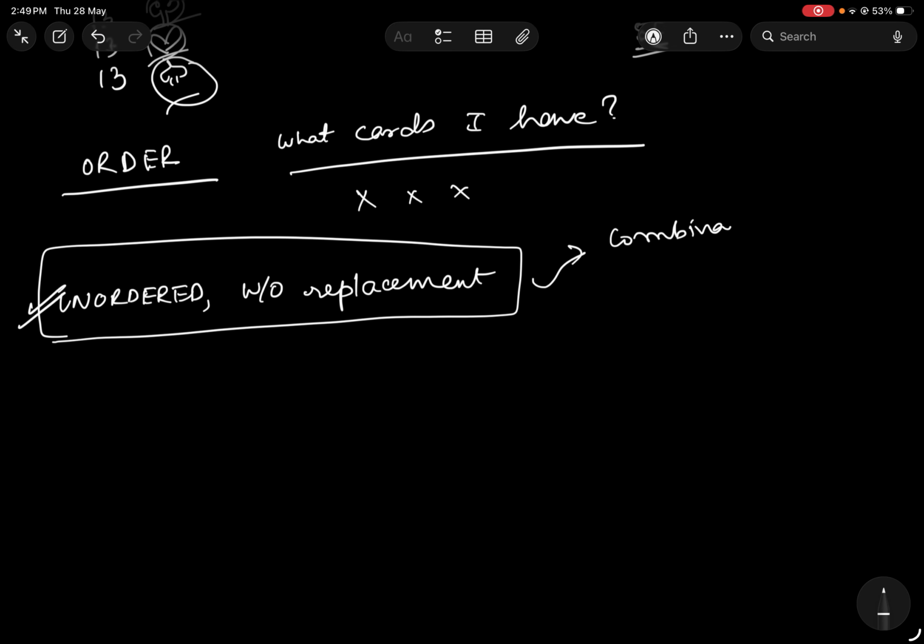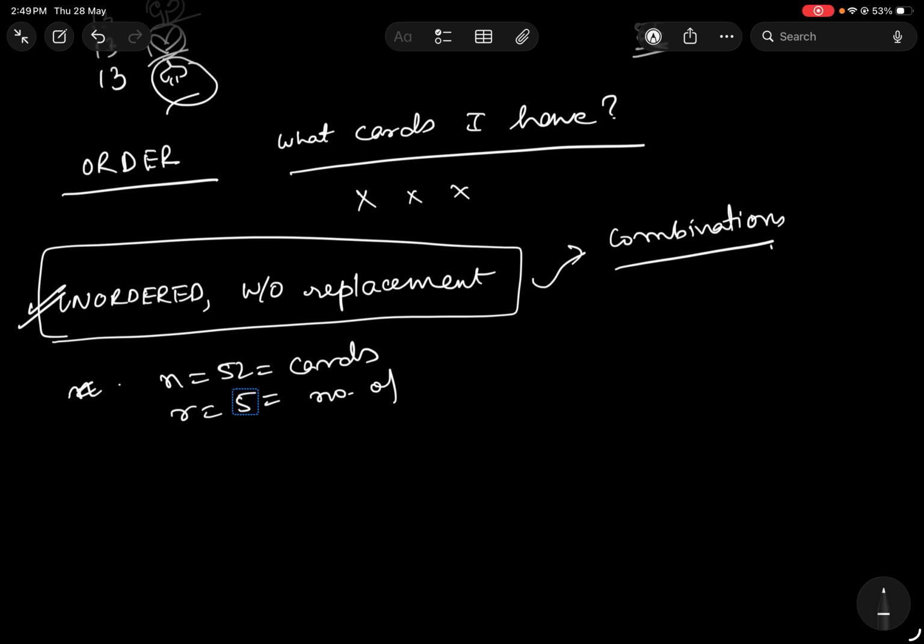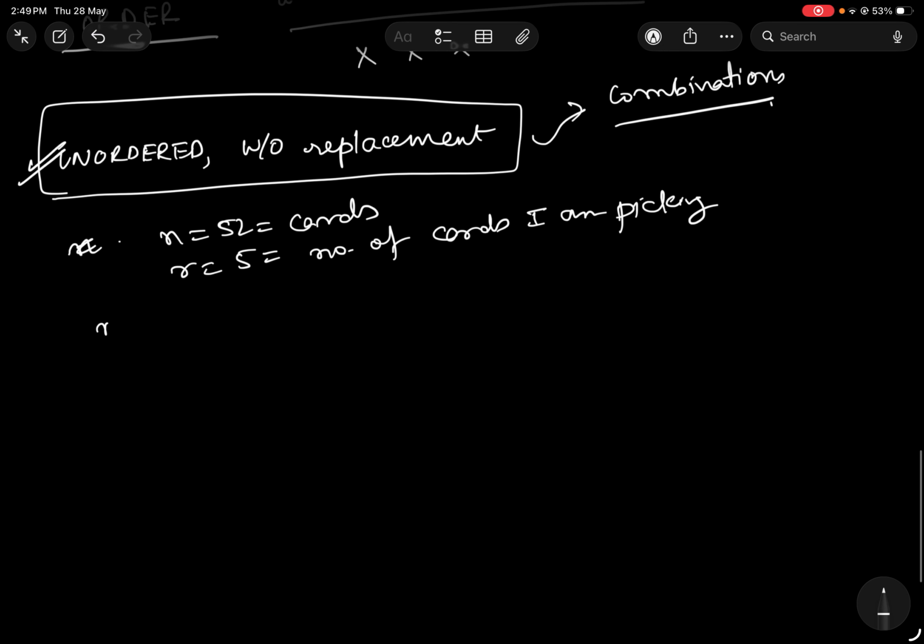We are interested in combinations, where in my case n is equal to 52, which is my cards, and r is equal to 5, which is the number of cards I am picking. If I have to choose 5 cards from the 52 cards, what are the total number of different hands I can get, given that I don't care what the order is? I'm not replacing any card. I'm just taking 5 cards one by one.